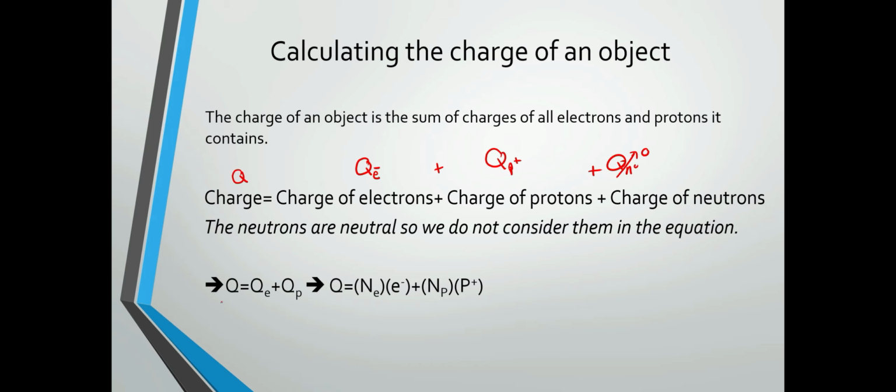So we get this formula, Q equals QE plus QP. We replace QE, the charge of electrons, by the number of electrons multiplied by the charge of each electron, as we saw in the previous example, plus QP, which is the charge of protons. It is equal to the number of protons multiplied by the charge of each proton.